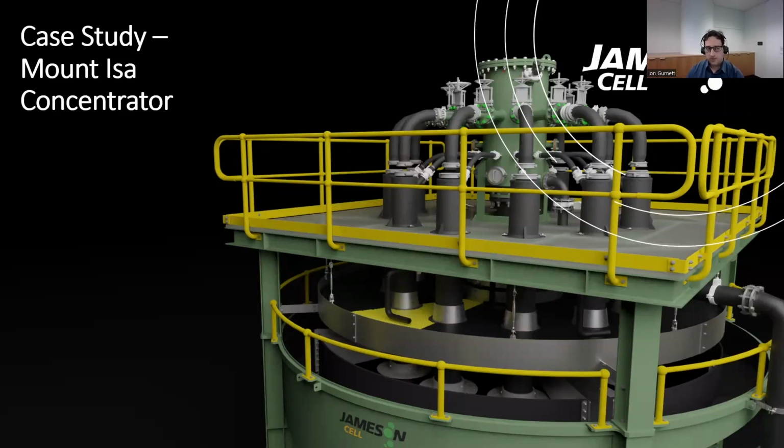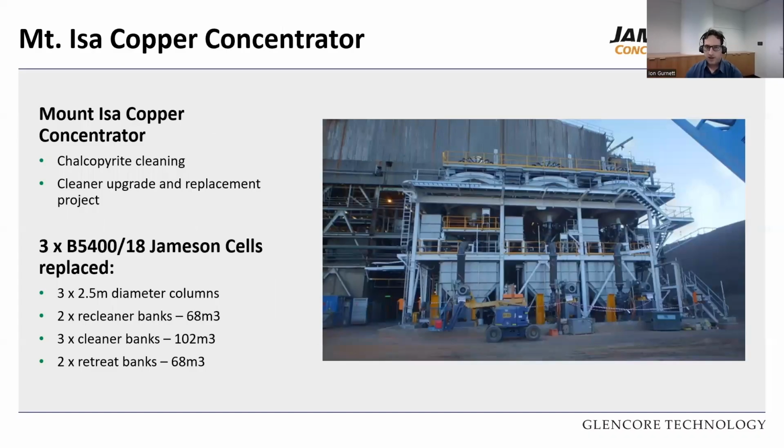Now, I'd like to talk to you about the Mount Isa concentrator. The Mount Isa concentrator is actually a really good example to show you the benefits of the footprint savings that you can expect with a Jameson cell. We put in 3 B18 downcomer cells in a chalcopyrite cleaning duty. And the idea here was to upgrade the existing cleaners and replace a lot of the old equipment around the plant.